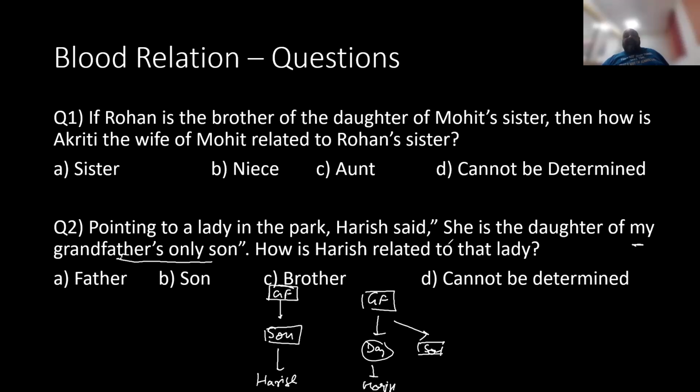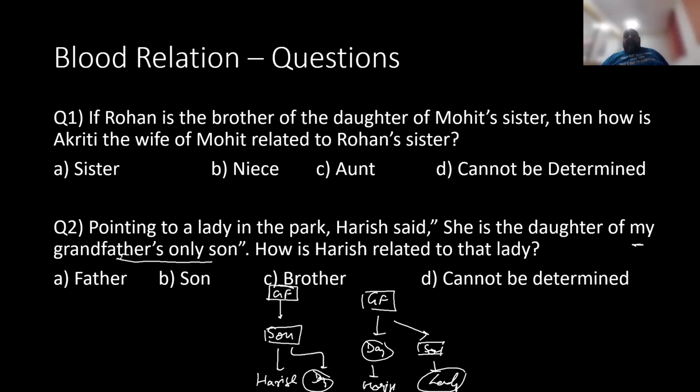And therefore, when Harish says, pointing to the lady, she's the daughter of my grandfather's only son. In this case also, daughter of my grandfather's only son, the daughter is here. Grandfather's only son's daughter is the lady. So how is Harish related to the lady?